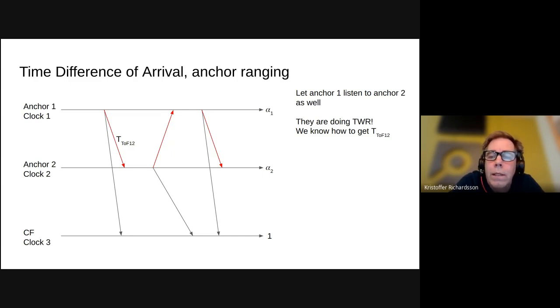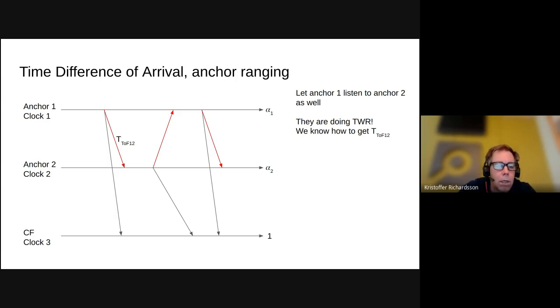So by letting anchor 1 and 2 listen to each other, and they transmit regularly, they will know the time of flight to the other anchor. So that's easy.